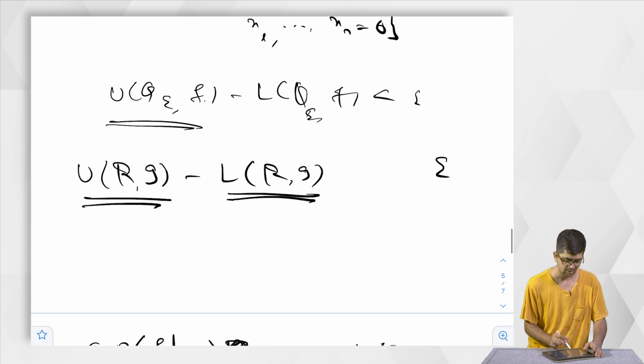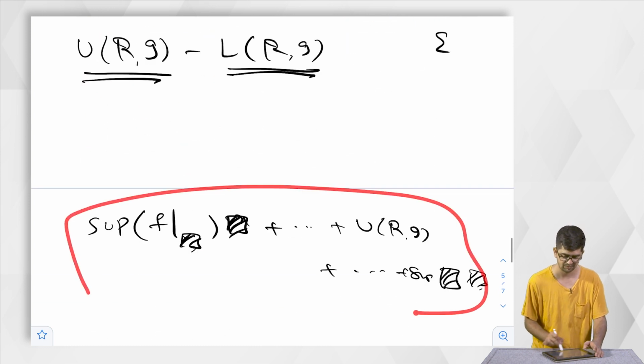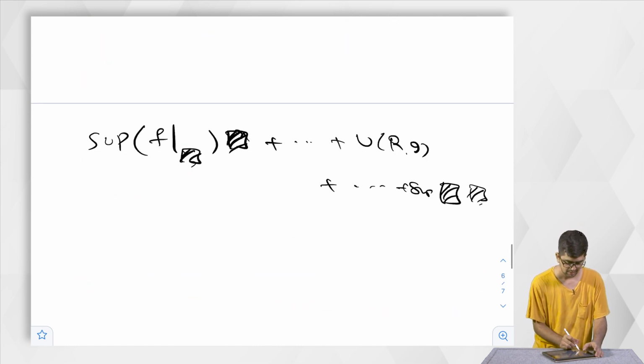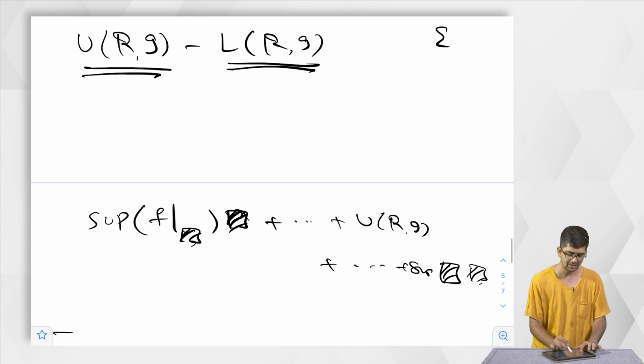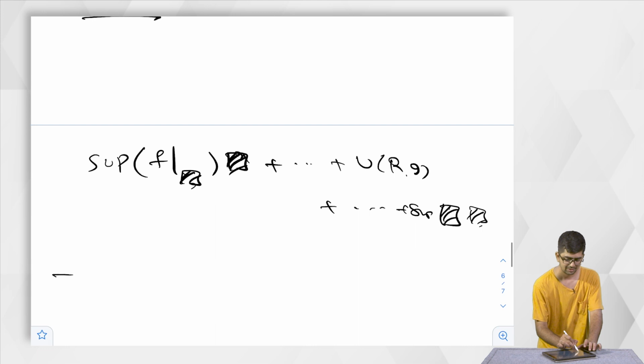That is what U(Q_epsilon, f) is, minus L(Q_epsilon, f), which is the same thing with the supremum replaced by the infimum.